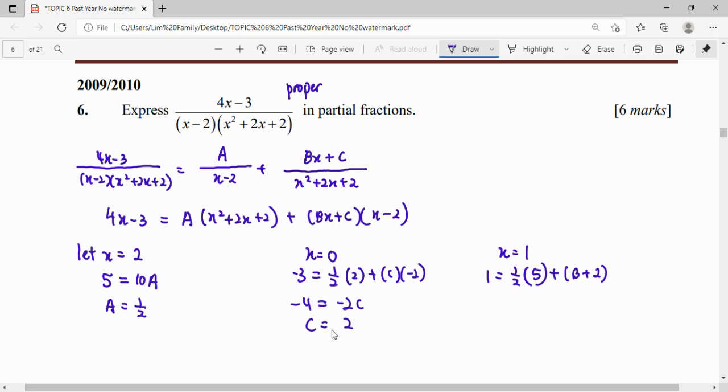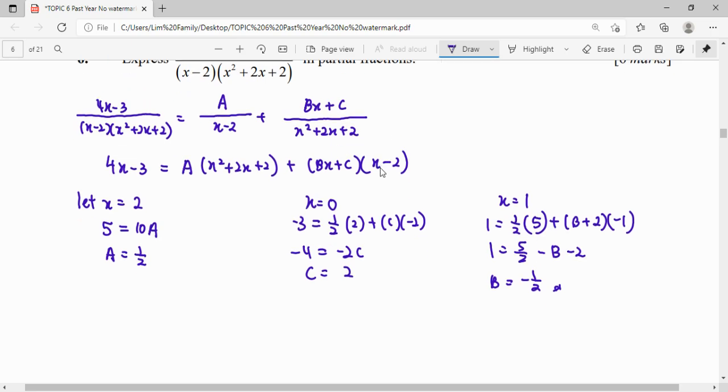C is 2, times 1 minus 2, negative 1. Find out our B here. So B will equal negative 1 over 2.